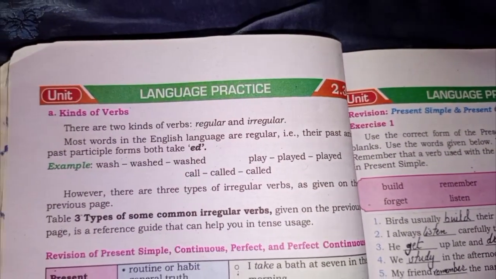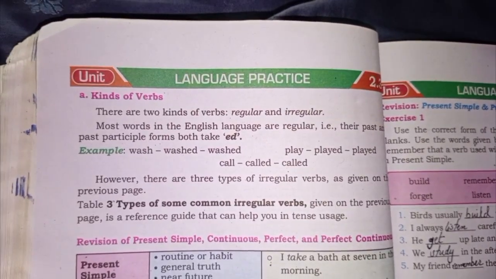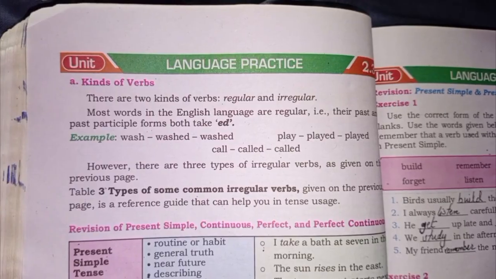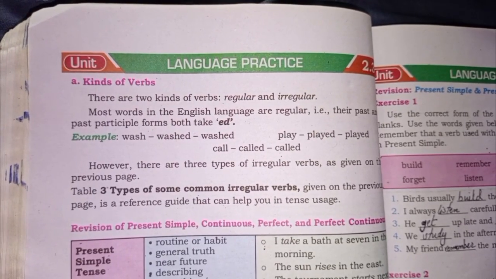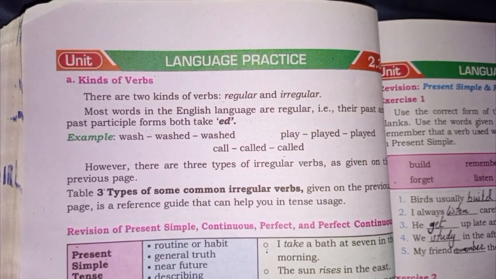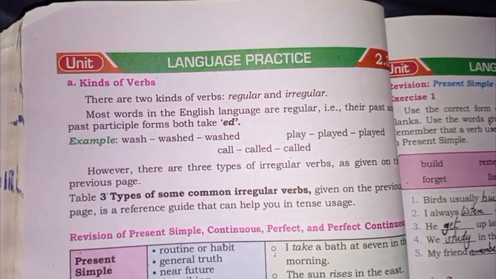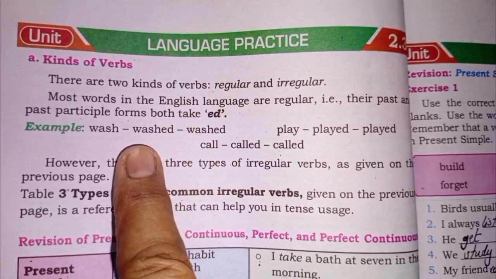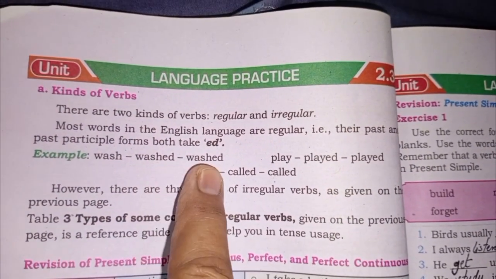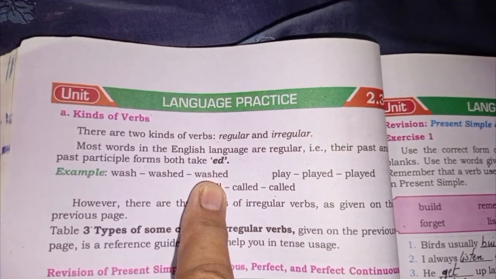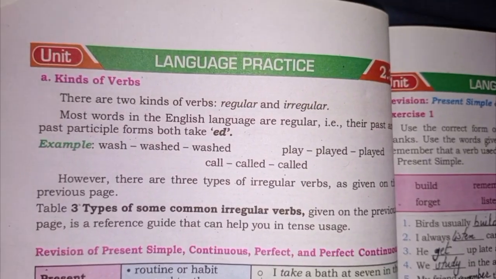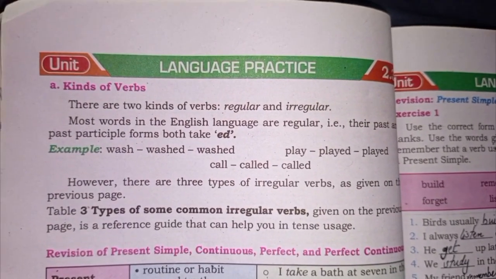In the regular verbs, you always have ed at the end of the past and past participle. In a simple way, they are the verbs that have ed, like the first form is wash, the second form is washed, and the past participle is washed. Ed is there, so this is a regular verb.